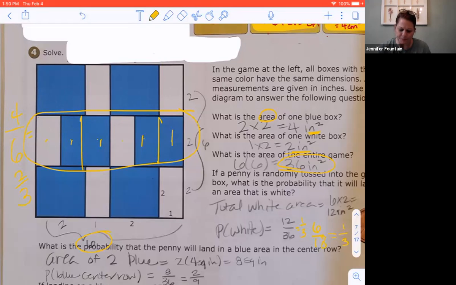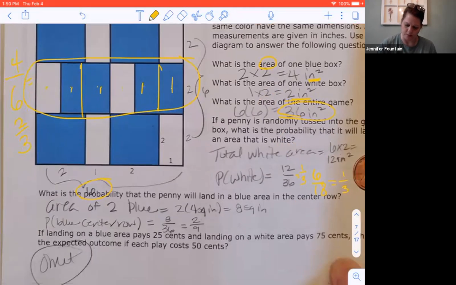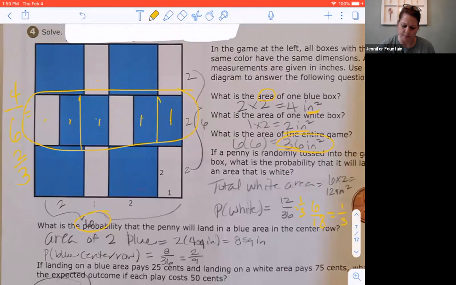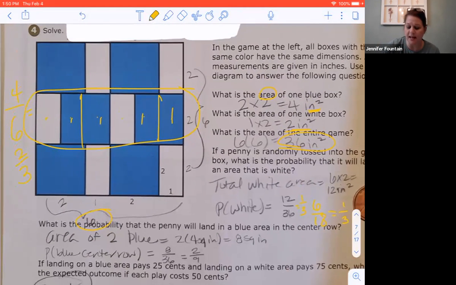Let's see. What did I do differently there? I think what I did before is if I said the area of this is going to be 4.